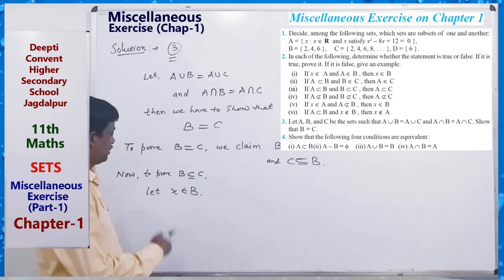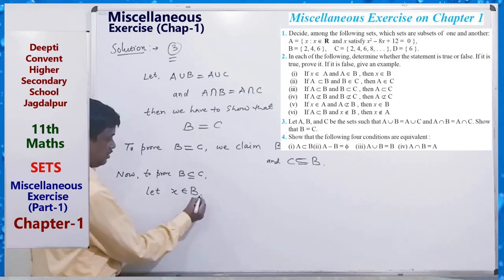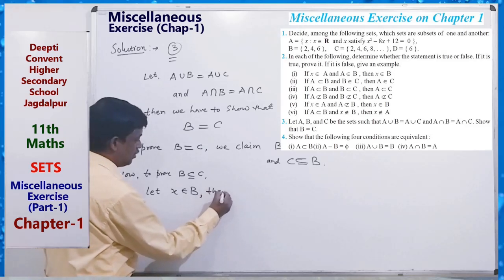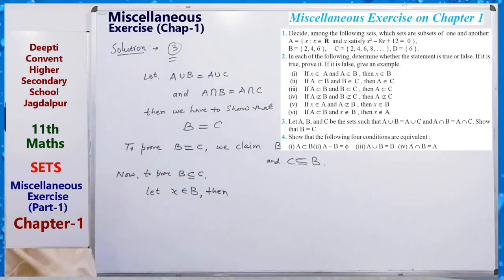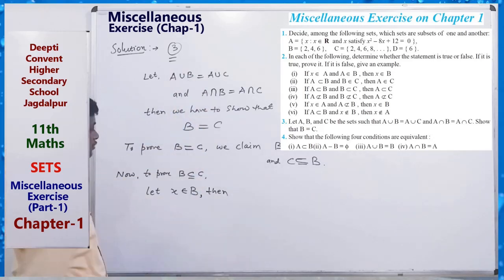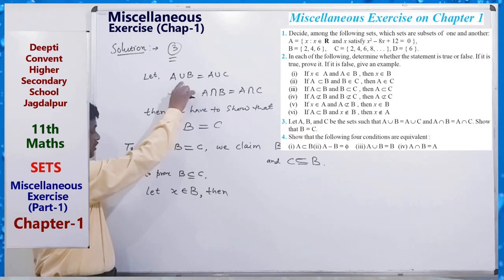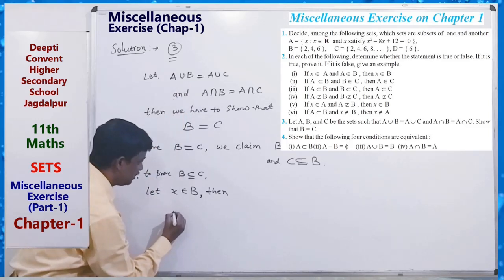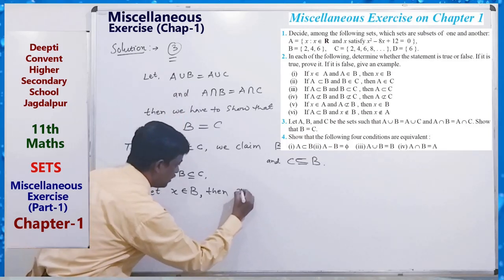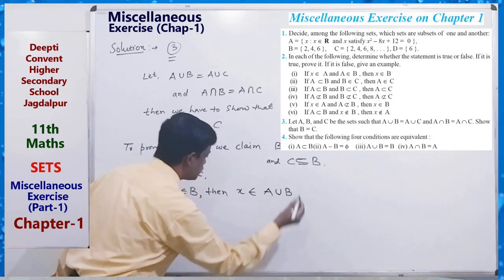So here, suppose X belongs to B. Then, using these two conditions, X belongs to B, then X belongs to A union B also.